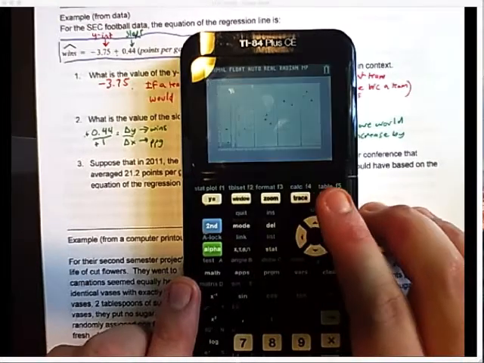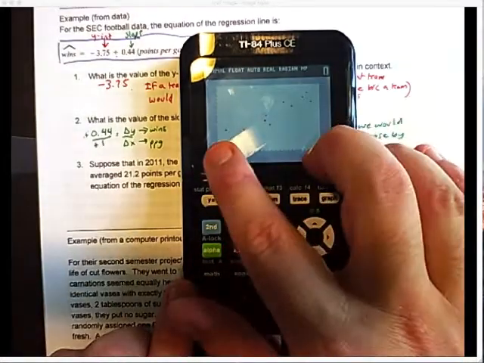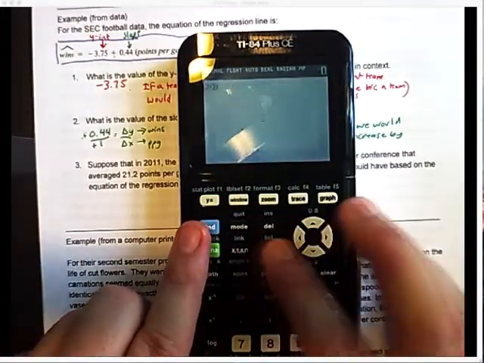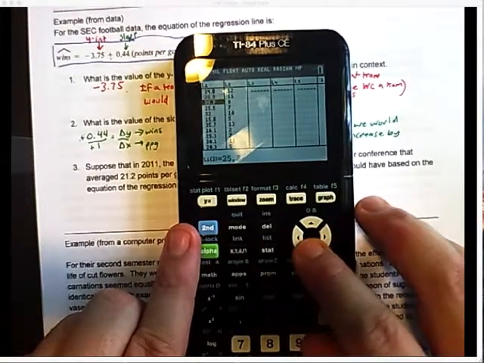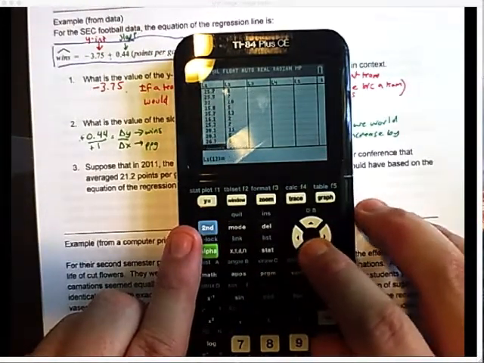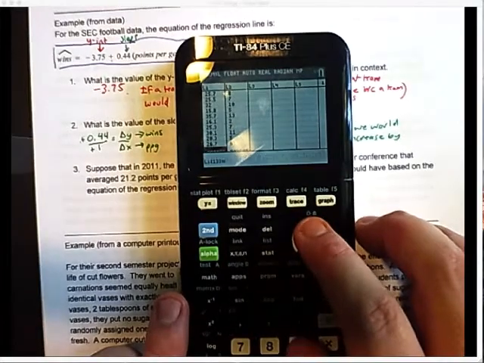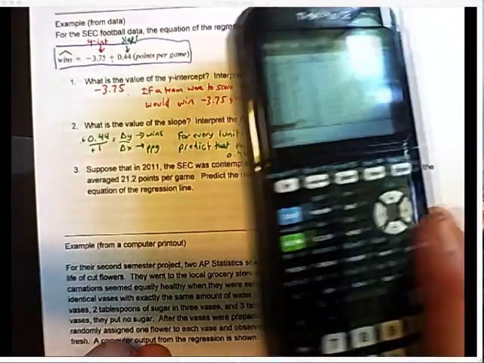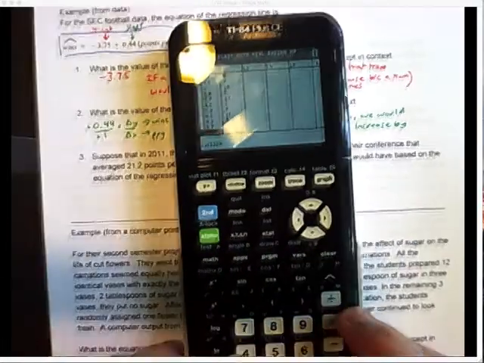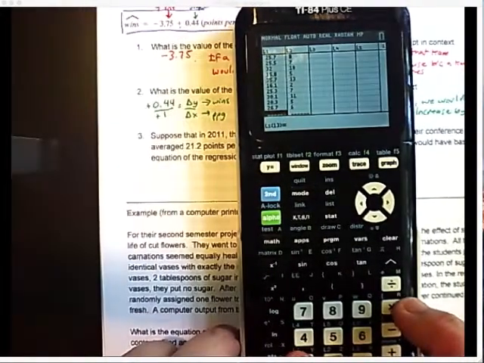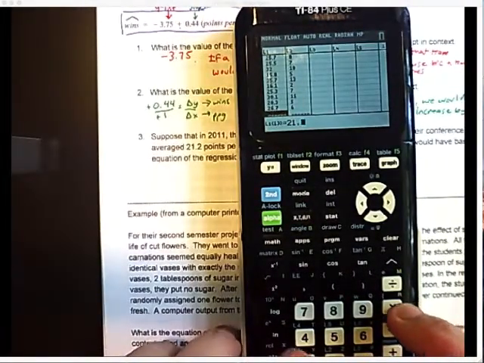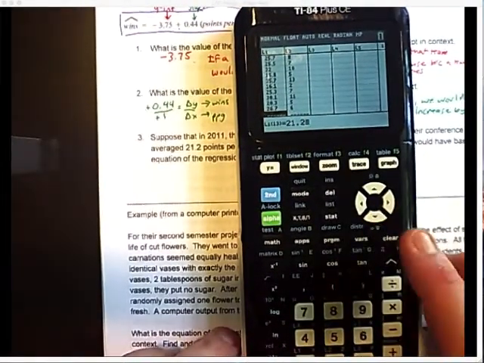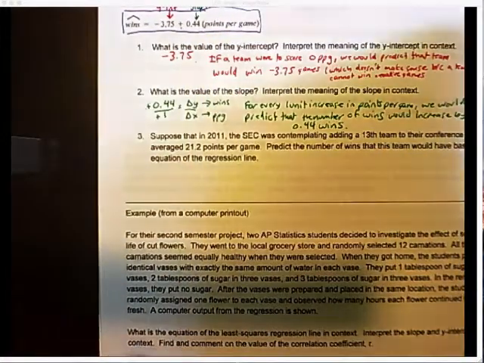And then if we looked at the scatter plot, there it is. Let's add a 13th data point. So a team comes in, a new team to the SEC, and they score 21.2 points per game.